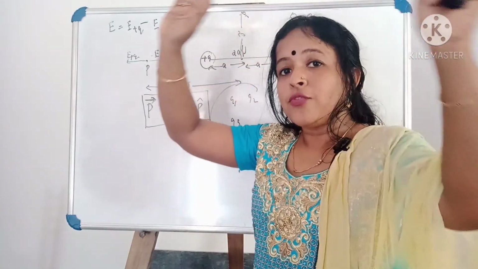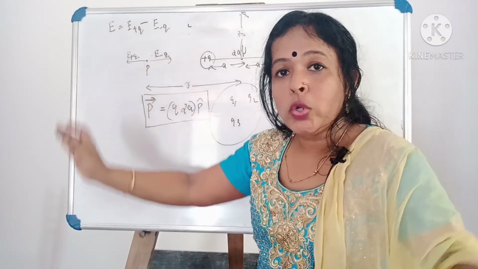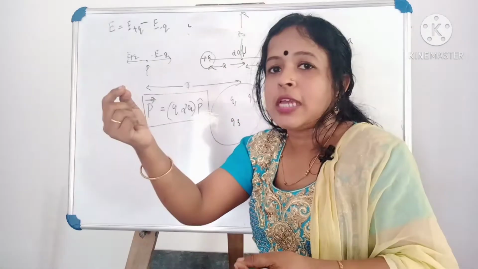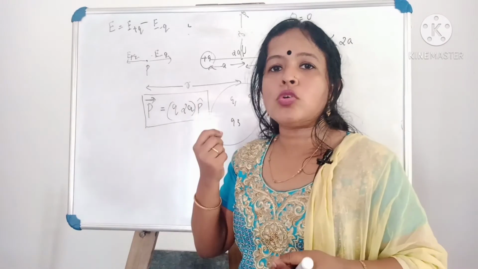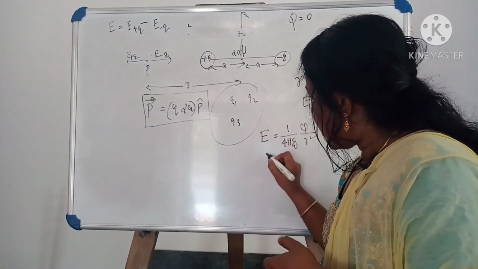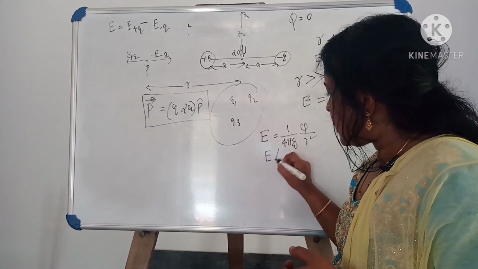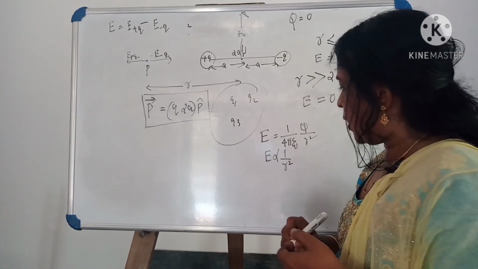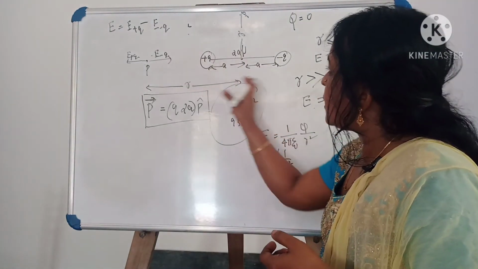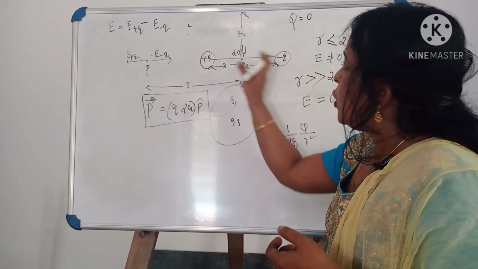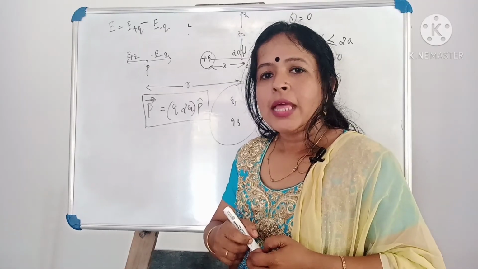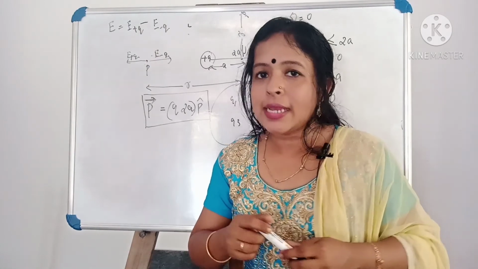It is the region or space around a source charge where any test charge can feel a force of attraction or repulsion. And from this equation, E is inversely proportional to r square for a single charge. Then what will be the electric field due to two charges? That we will discuss in another section.